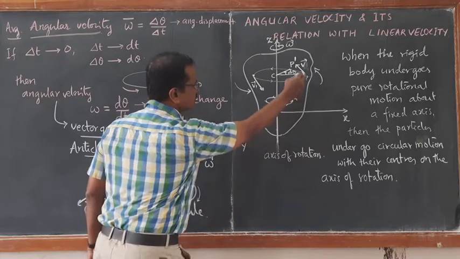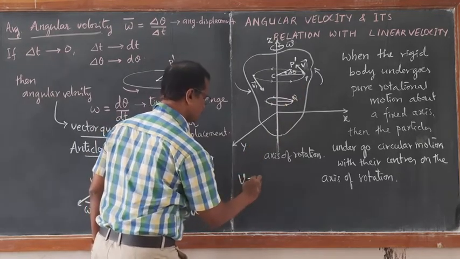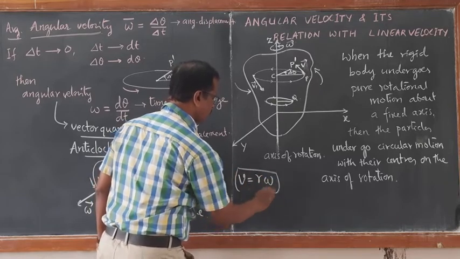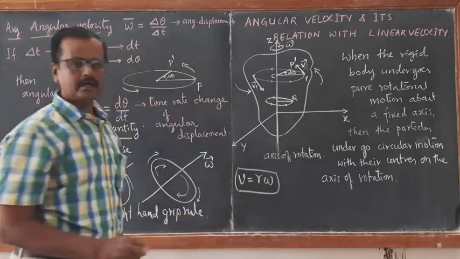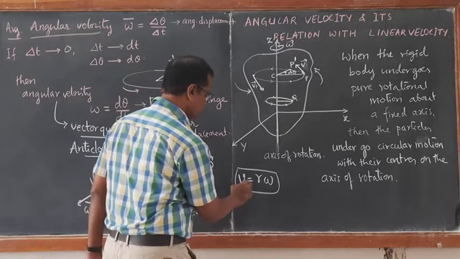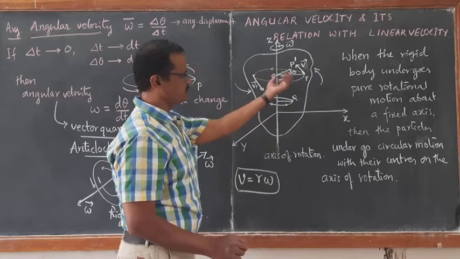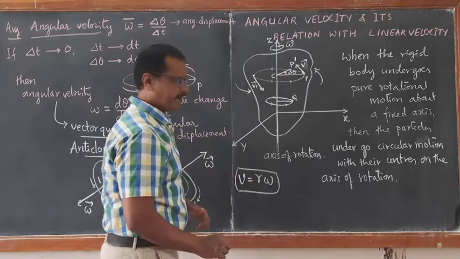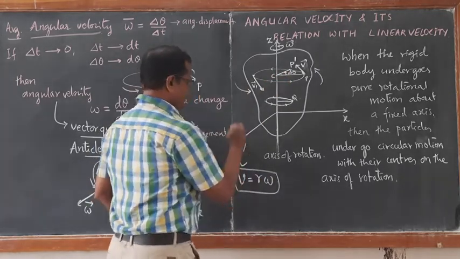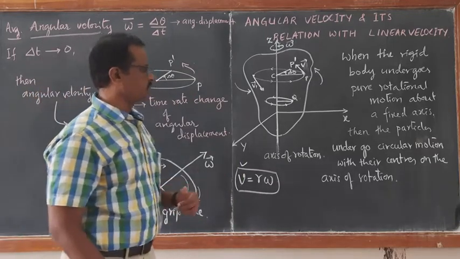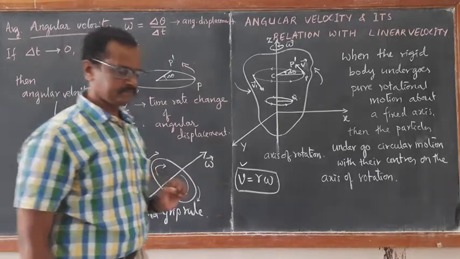If v is the linear velocity, then v is equal to r omega, or v equal to omega r. This is the relation where v is the magnitude of linear velocity, r is the perpendicular distance, that is radius, and omega is the angular velocity. Then, how to find out the direction? That is the next important thing.